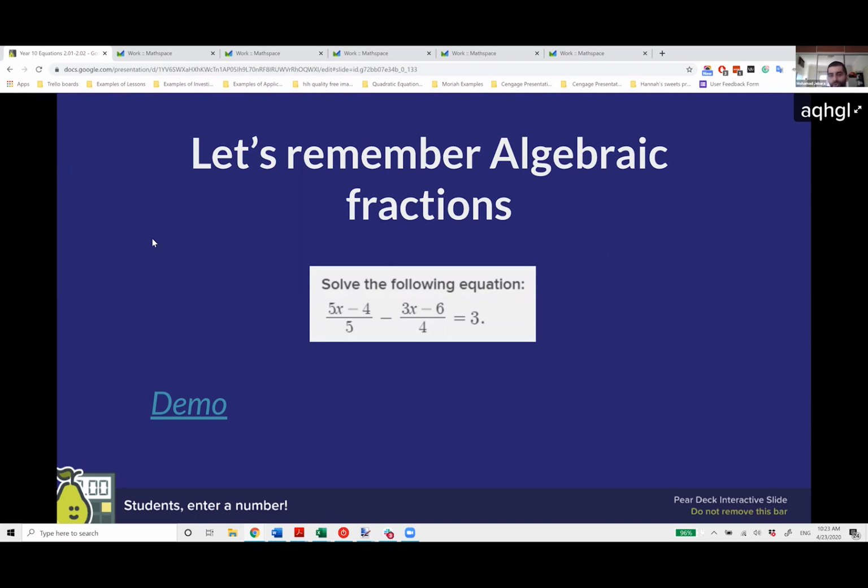And 2 of them are fractions, and the lowest common multiple of those 5 and 4 would be 20. All right, we've got some disagreements happening.